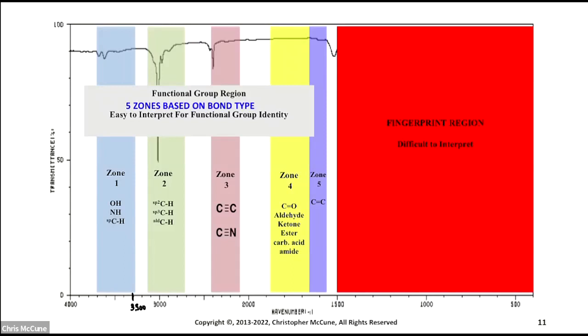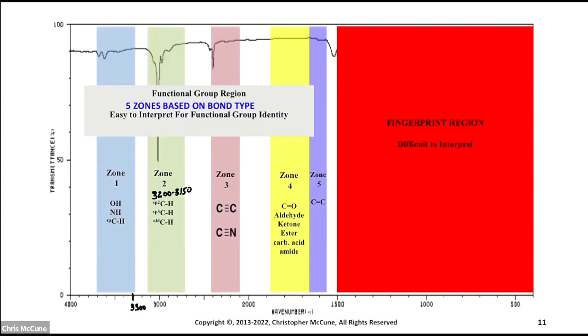Zone 2 is all your CH stretches. There are 3 different types to look for. Your alkene CH, so your sp2 hybridized carbons, those are going to be around 3,200 to roughly 3,150 or so, give or take. But they're going to be above 3,000 usually.